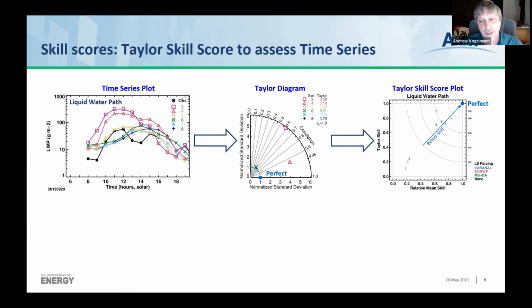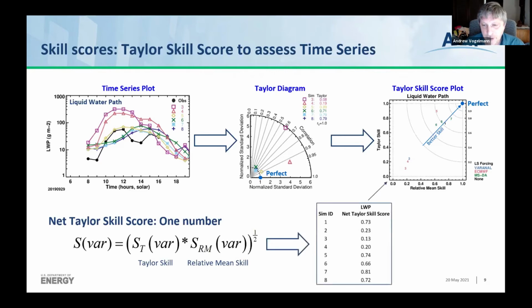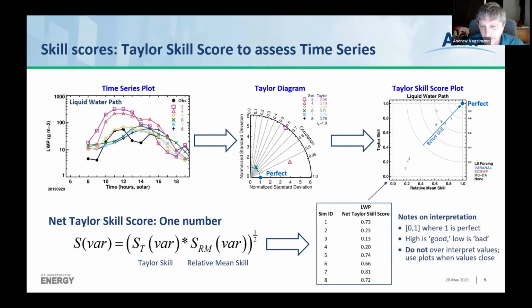So what we want to do then is take this and generate one number. And we do that by taking the Taylor score and the relative mean score and computing this value, where in this particular case R is the liquid water path. And from this, you can generate a single value that is reflective of the level of agreement that you're seeing in the plot. A couple caveats. In this metric, 1 is perfect.